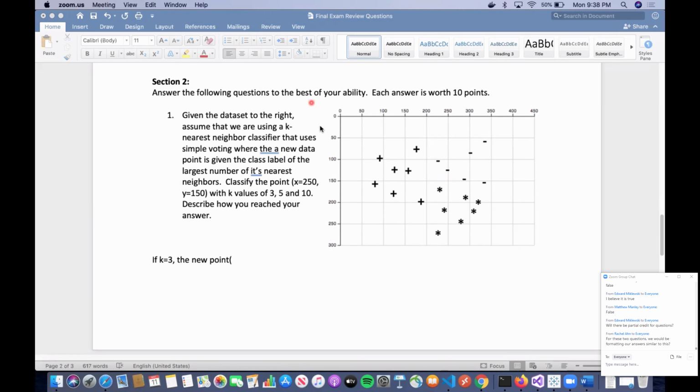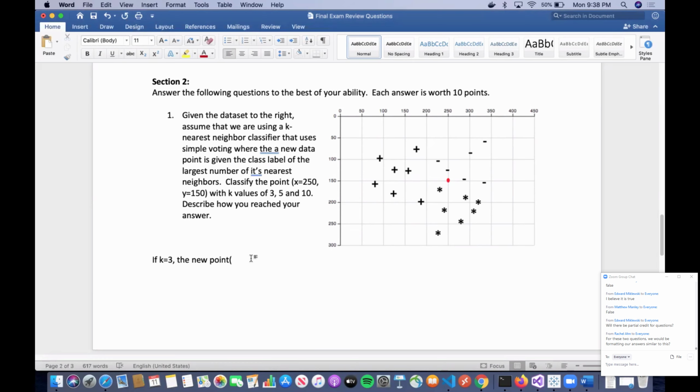So let me see. Let's say here's our new point. Yep, that's our new point right there, because we're saying x is 250 and y is 150. So we have the new point there.